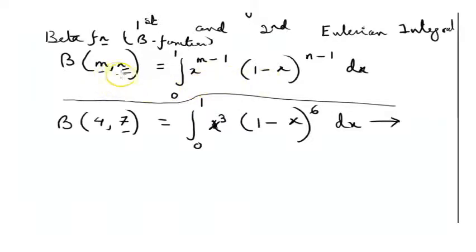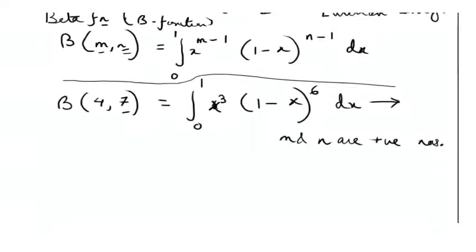They may not be integers also; you also have beta half, as you will see. So I was wrong in saying that m and n are integers. They are positive numbers.